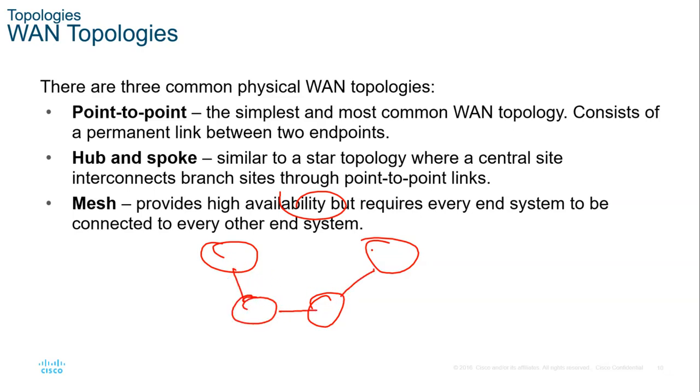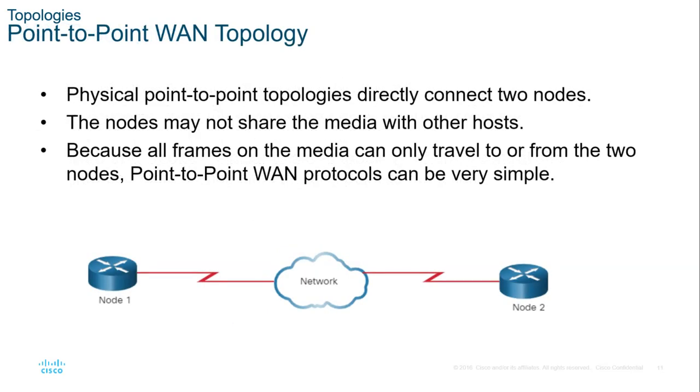Each end has to be connected to every other end system. So this has to connect here, and then here, and so on, as you can see. In case one is down, it will not stop the others from communicating with each other.